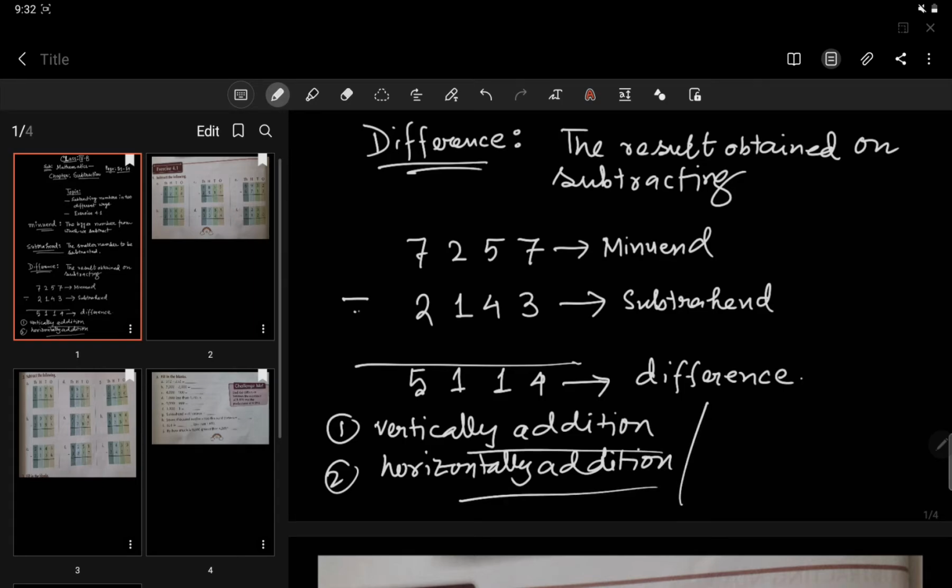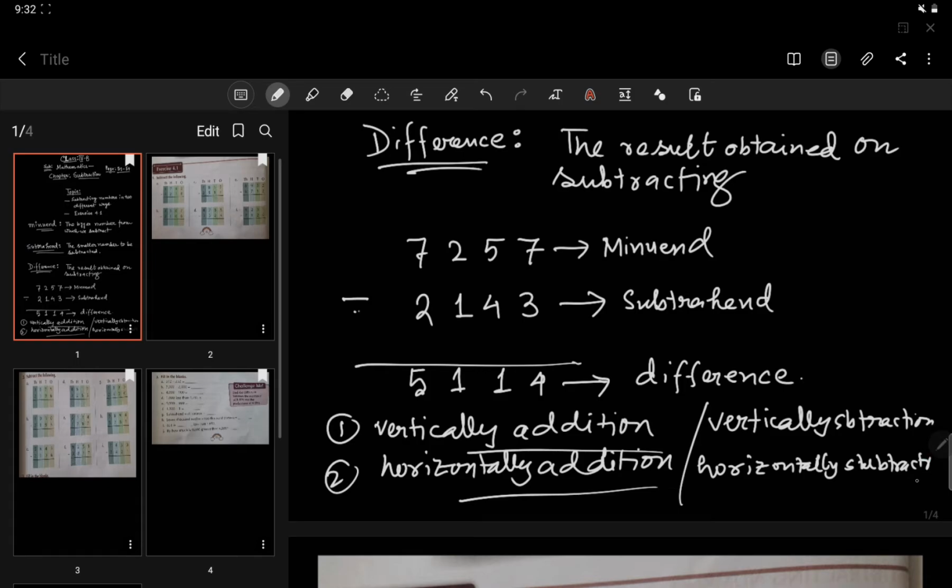But today we will discuss vertical subtraction. That means you have to arrange the numbers column-wise, then subtract, and horizontal subtraction.